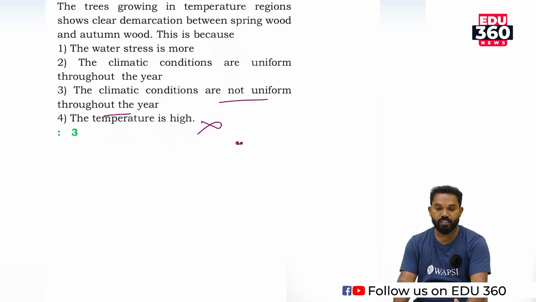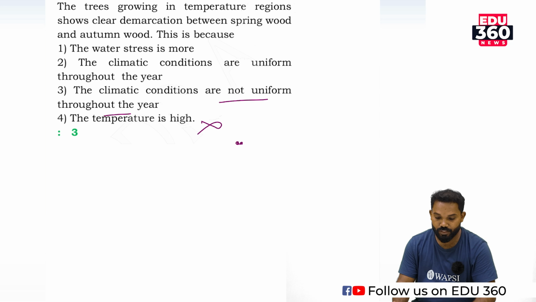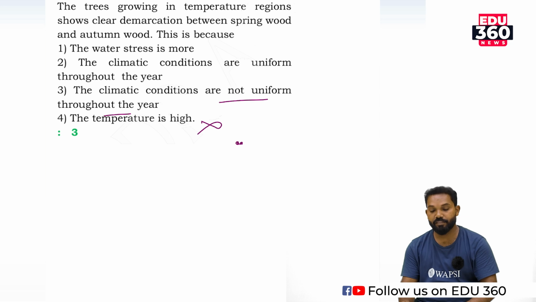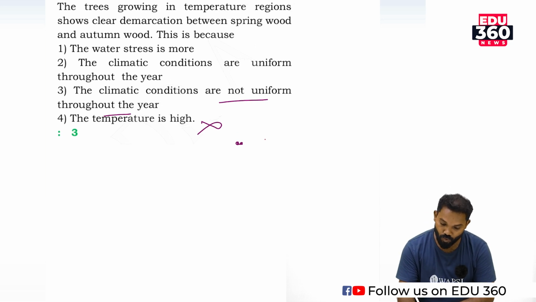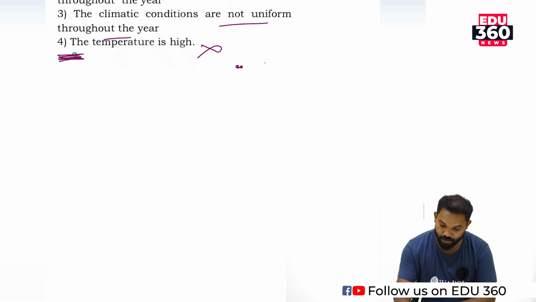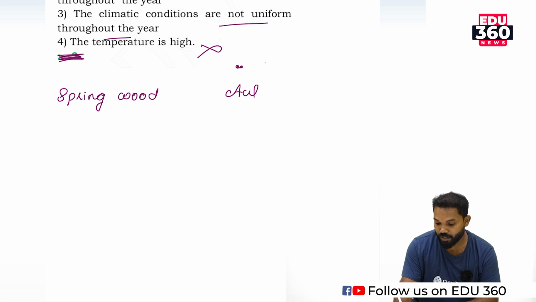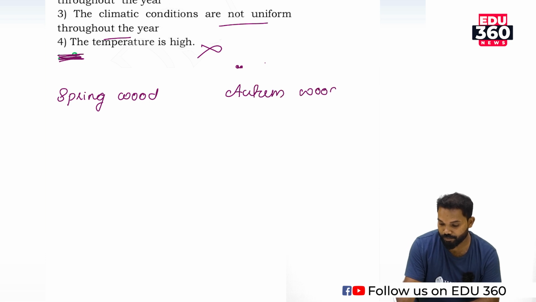In trees growing in the temperate region, there is a clear demarcation between spring wood and autumn wood. This is because of spring wood and autumn wood. What is the difference between spring wood and autumn wood?